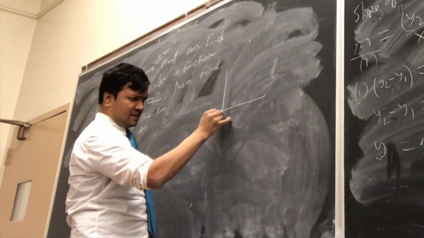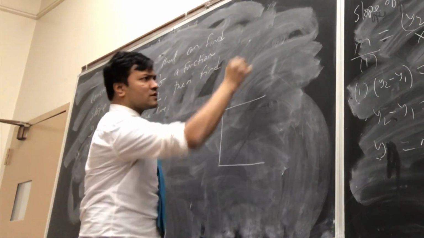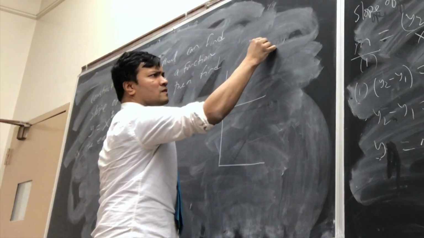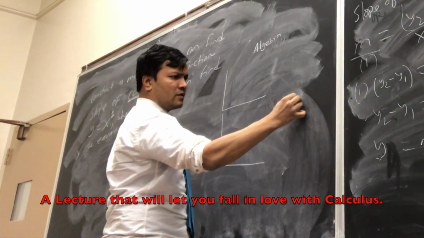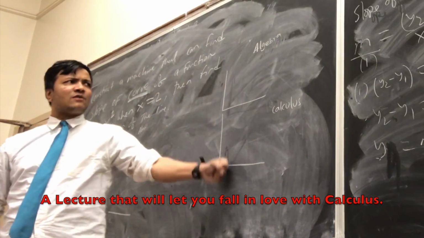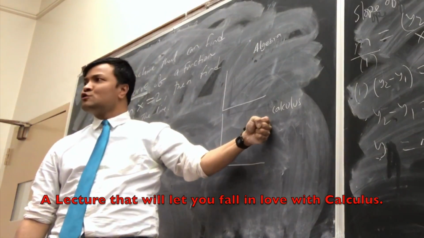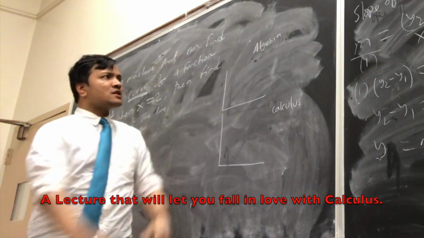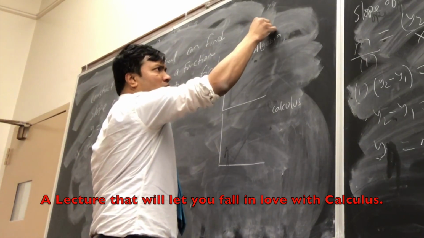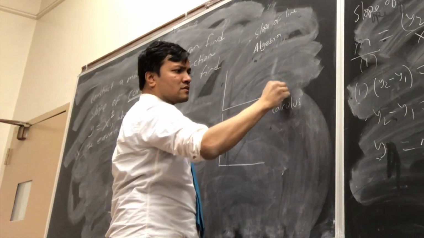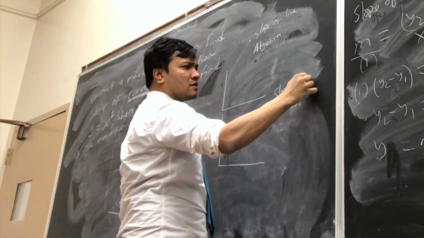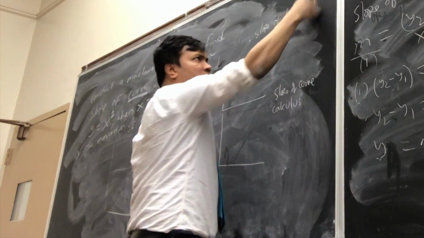Okay. This is algebra, this is calculus. This is something we know, this is something we do not know. This is slope of a line.